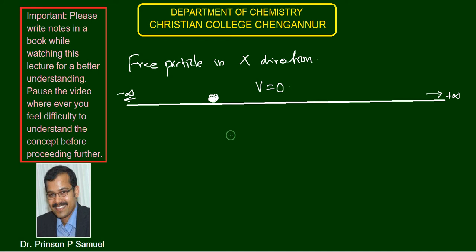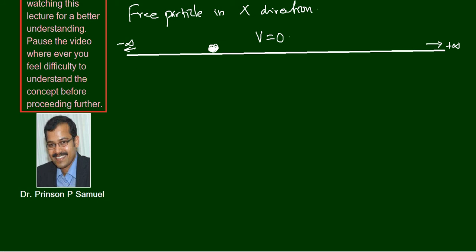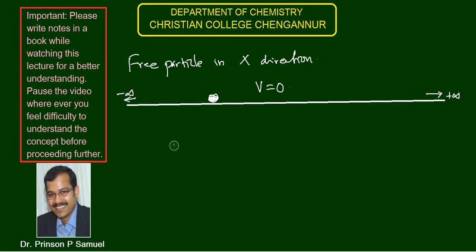We are going to treat this microscopic particle quantum mechanically. How do we treat a particle quantum mechanically? The general procedure is to set up the Schrodinger wave equation for the system, and from that equation you derive the wave function and also the energy.